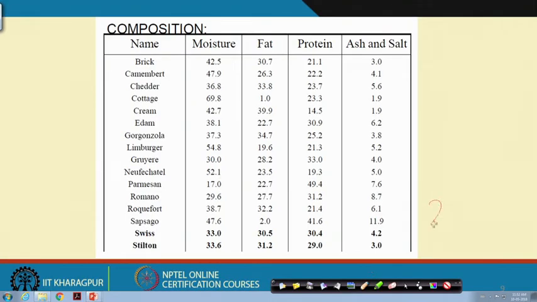Any combination you can prepare and then make it popular. That is why, as I said, all over the world more than 2000 varieties of cheese are available, more than 2000 varieties, right.